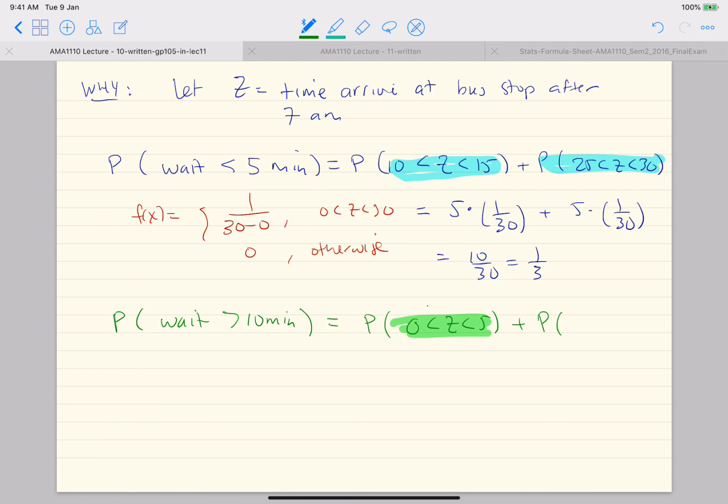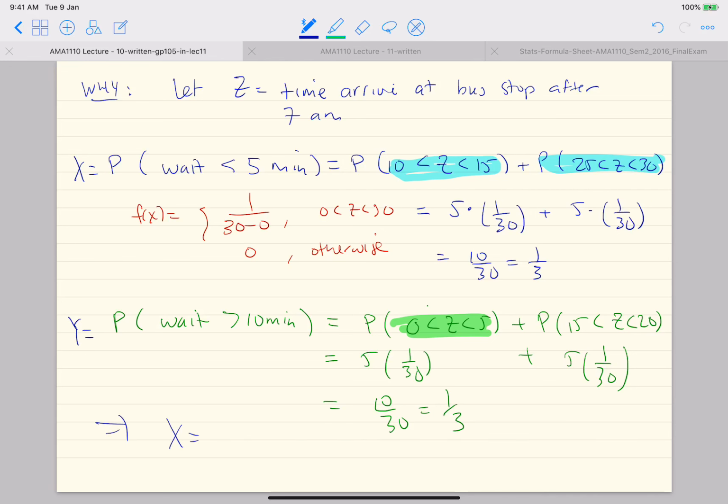Plus the probability that you come in between 7:15 and 7:20, because the 7:30 bus comes next. And this is just base times height. So again, this is also 10 over 30. So in fact, this is your x, the probability that you wait less than 5 minutes, and this is your y. The probabilities are the same.